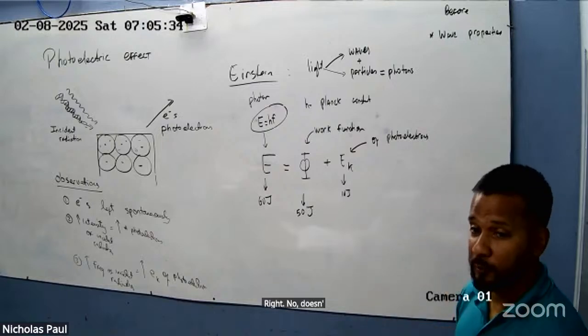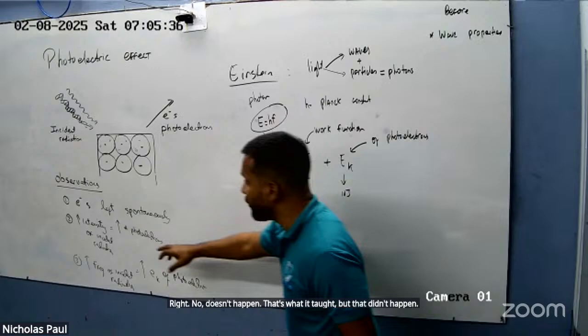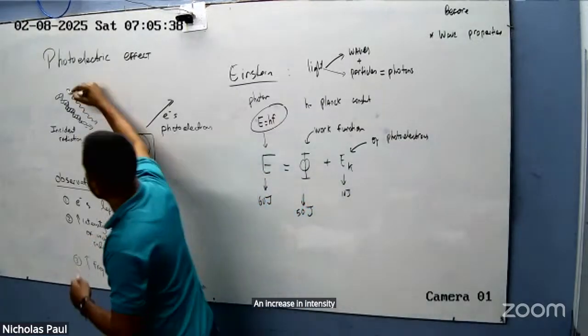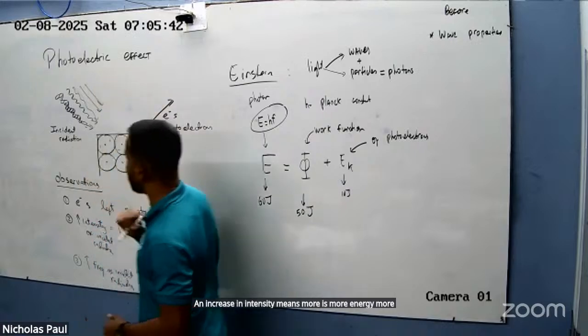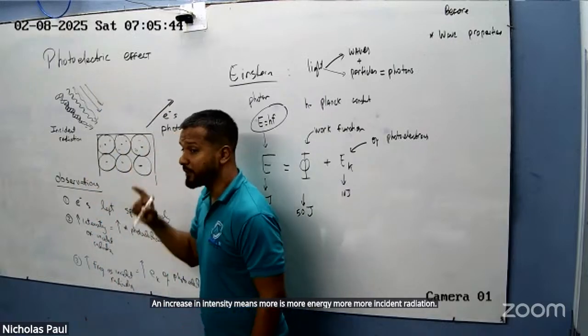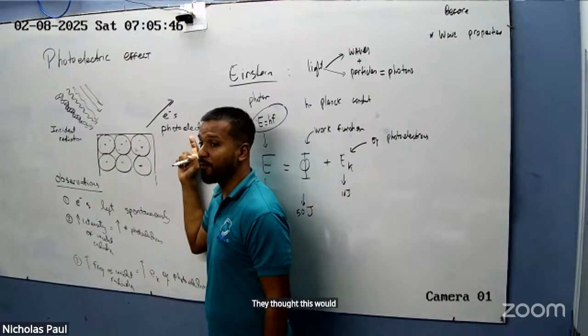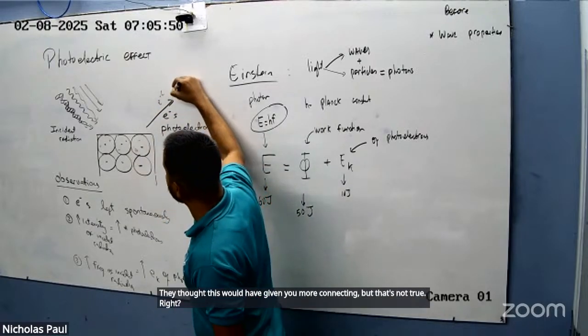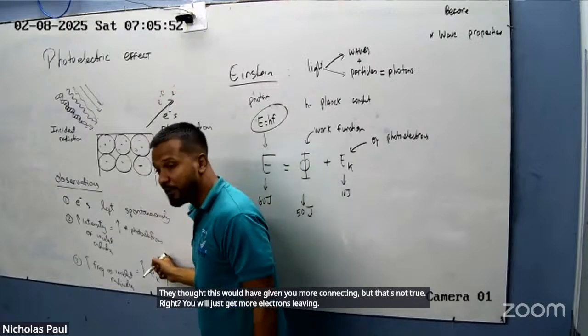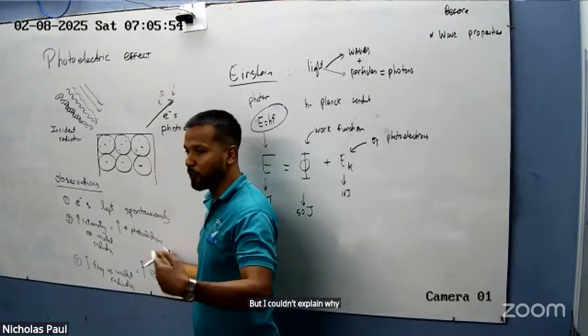That's what they thought, but that didn't happen. An increase in intensity means more rays, more energy, more incident radiation. They thought this would have given you more kinetic energy, but that's not true. You will just get more electrons leaving. But I couldn't explain why. My question to you is why.